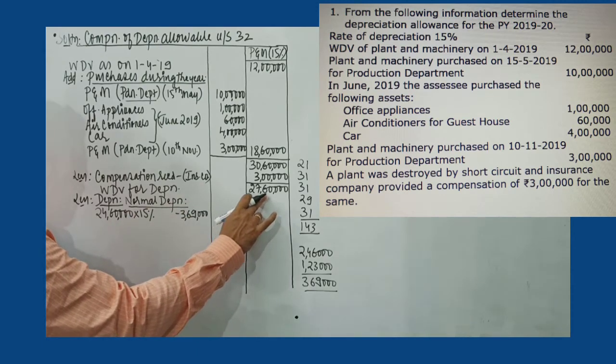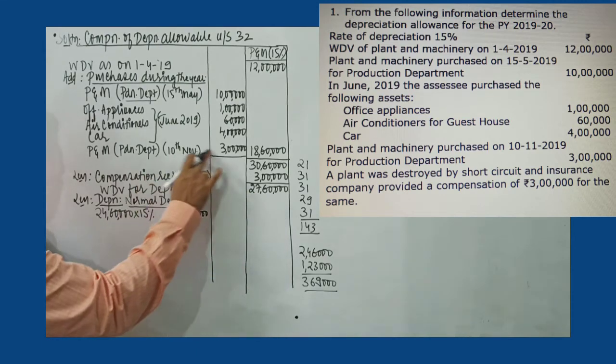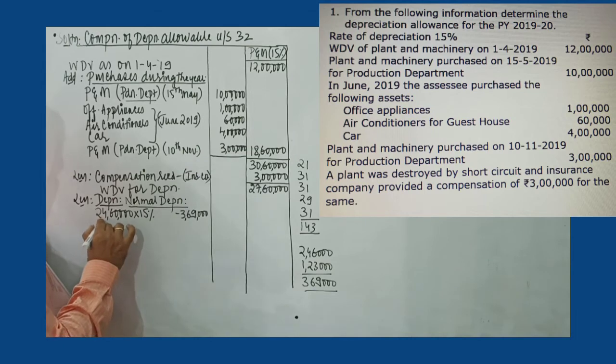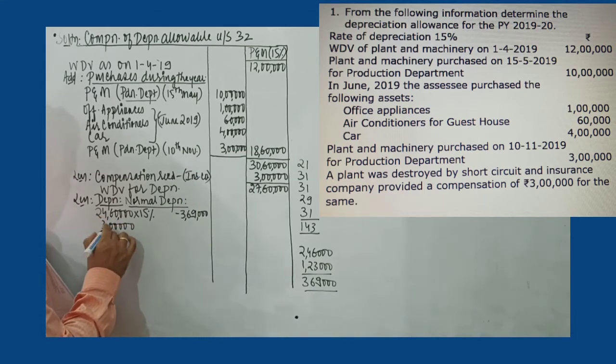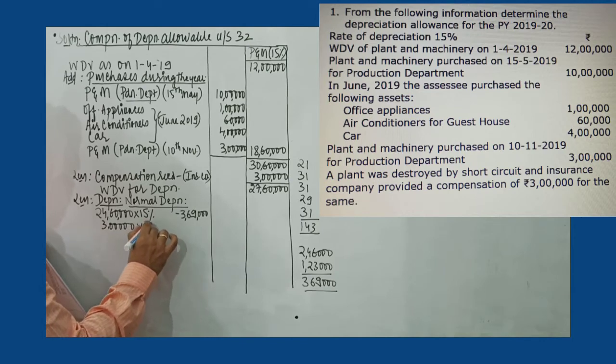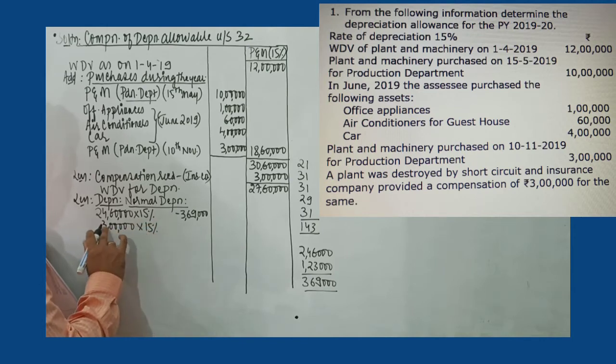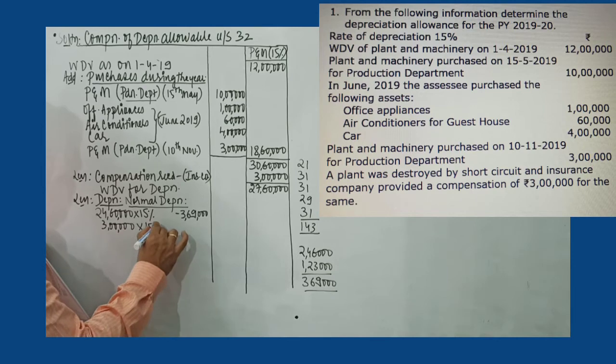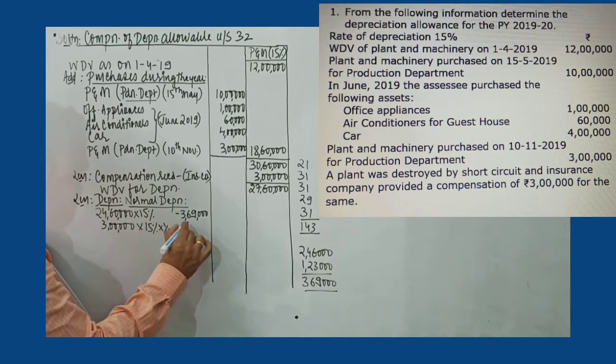Then 27 lakh 60 minus 24 lakh 60 is this 3 lakh. So on that normal depreciation, 3 lakh at the rate of 15%. And since this is purchased and put to use for less than 180 days, half year's depreciation.